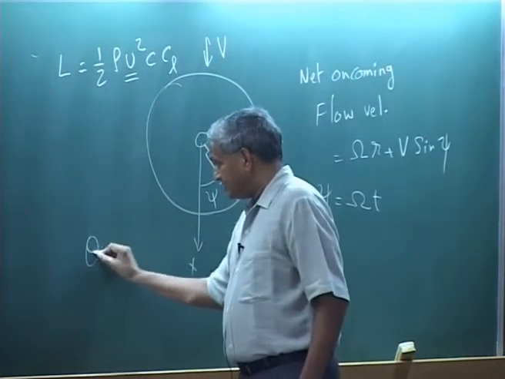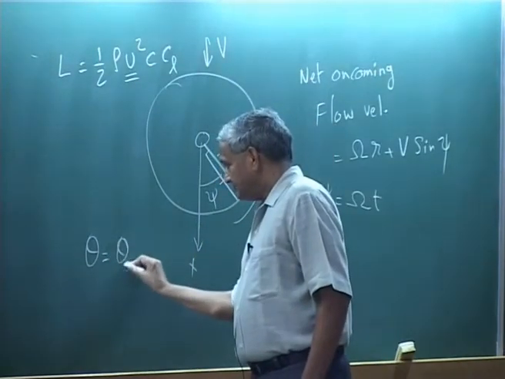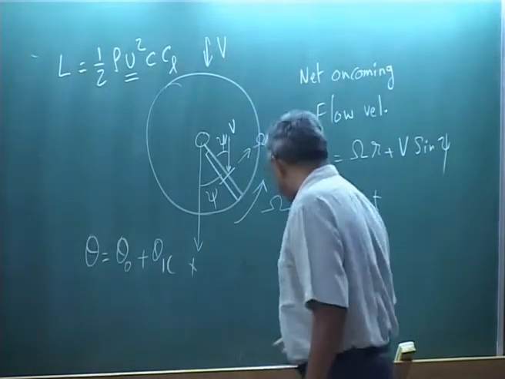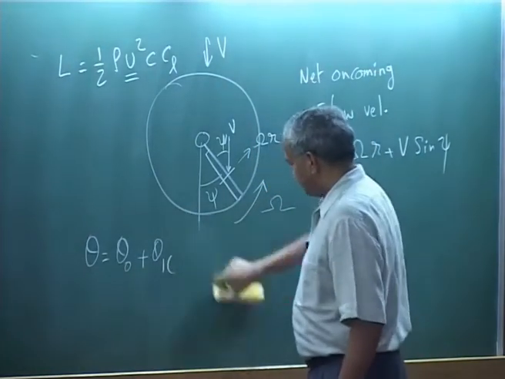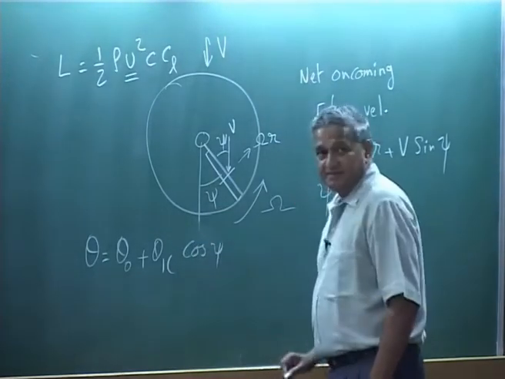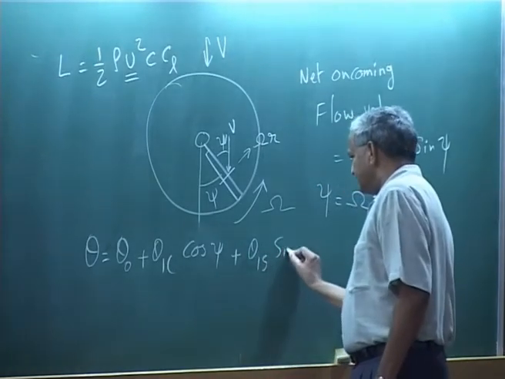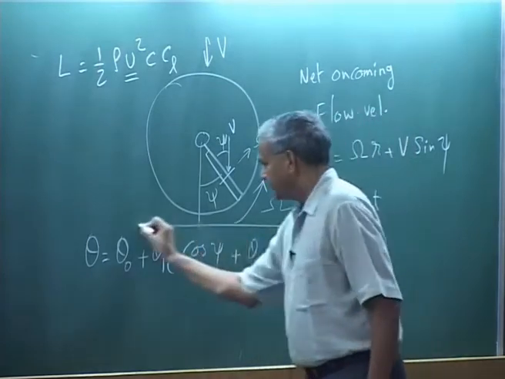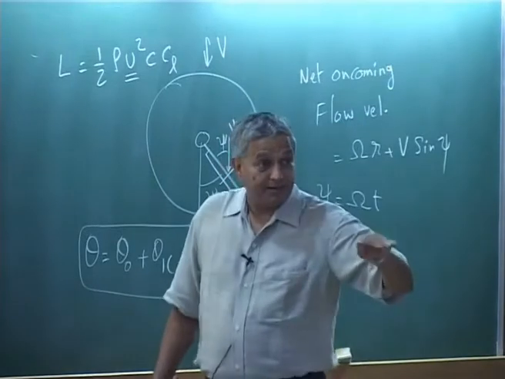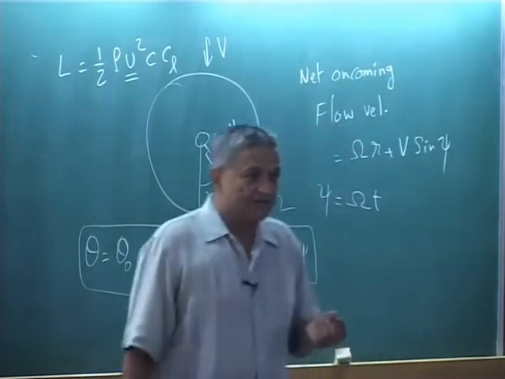pitch angle of the blade. So, theta, you remember if we started earlier, collective, theta 1c cosine psi plus theta 1s sine psi. Please note, this is my blade pitch. Okay. Now, you see what is your C_L?